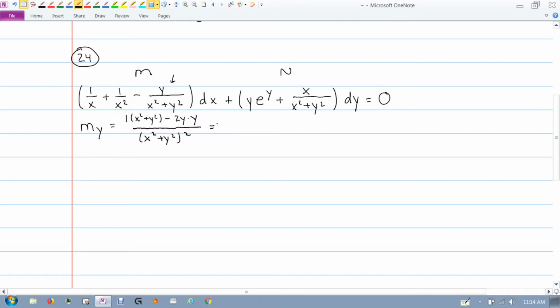Which is just x squared plus y squared minus 2y squared. So we should just get x squared minus y squared on top over x squared plus y squared squared.